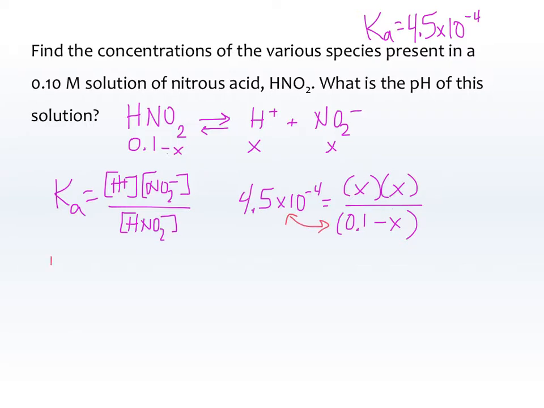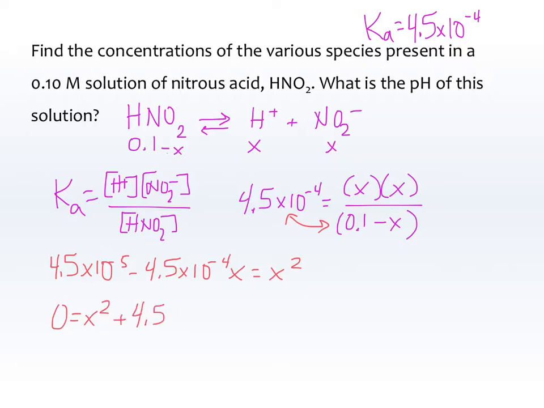So this is 4.5 times 10 to the negative 5 minus 4.5 times 10 to the negative 4 x equals x squared. So if I put everything on the same side, 0 equals x squared plus 4.5 times 10 to the negative 4 x minus 4.5 times 10 to the negative 5.